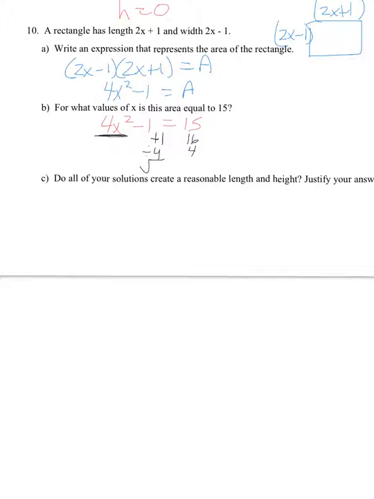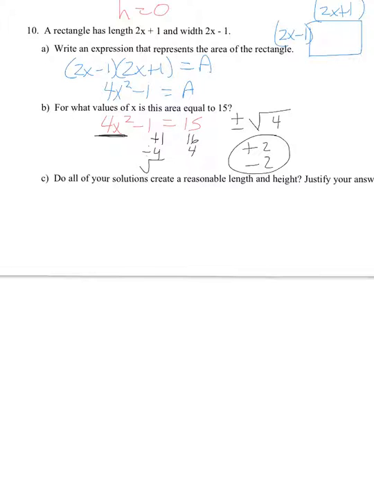Divided by 4 is 4. Square rooted is, and this is a key, which we learned in the quadratic formula, plus or minus when you square root something. Plus or minus square root of 4 is plus 2 and minus 2. So those are the two values that you get.